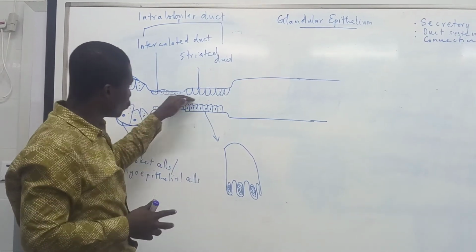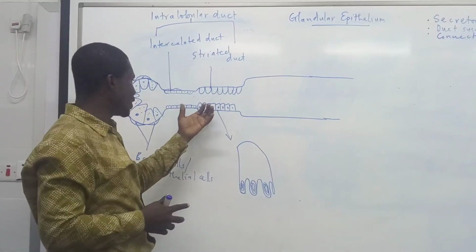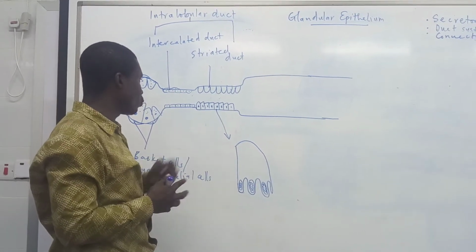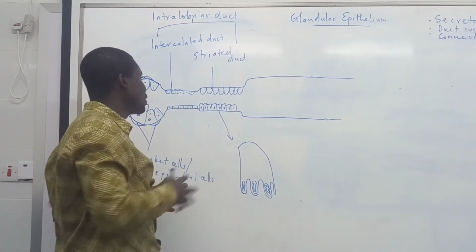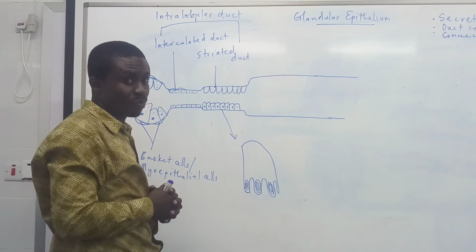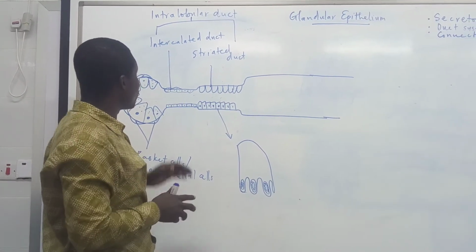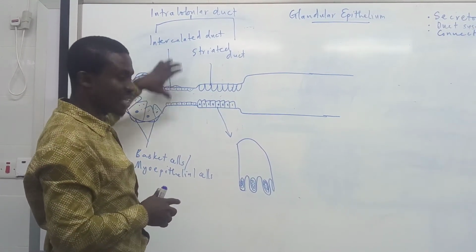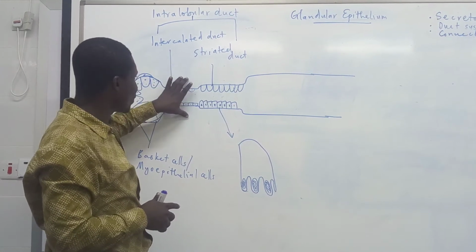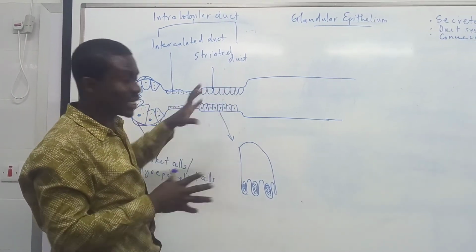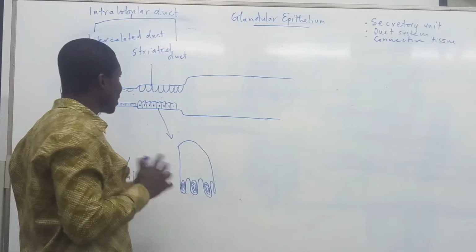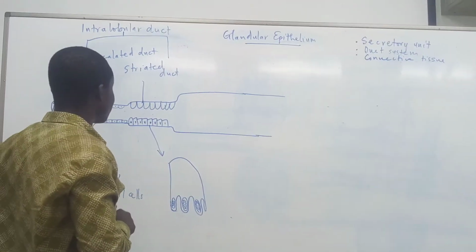It is also able to modify the secretion: it reabsorbs sodium and secretes potassium ions into the solution. Therefore, because it has to do with anions, we call the intercalated duct the anion duct, and the striated duct the cation duct. So that is the dynamics that we have to understand.